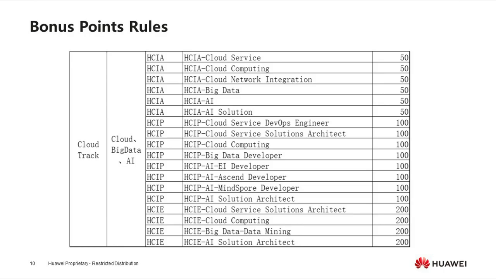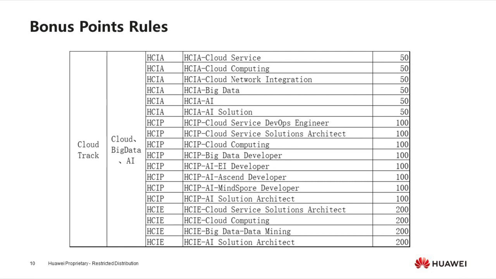For example, for all of these HCIA certificates, if you get them, you will get 50 more points in the preliminary stage. If it is an HCIP level certificate, you will get 100 points. Last, if it is an HCIE certificate, you will get 200 extra points in the preliminary stage.